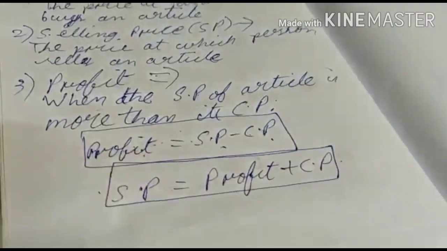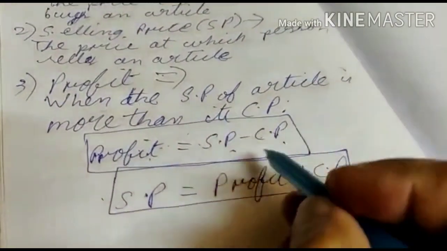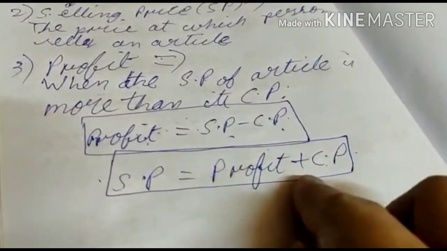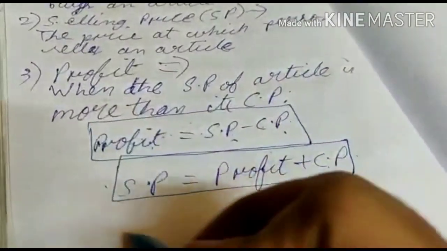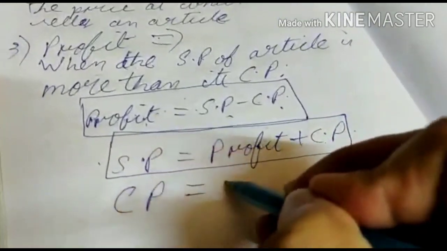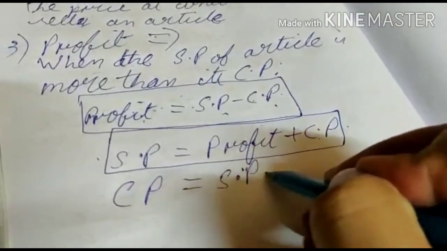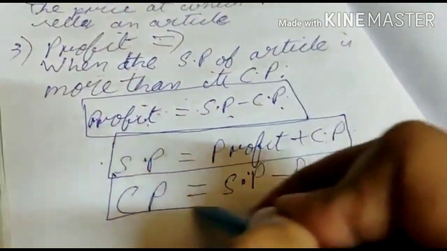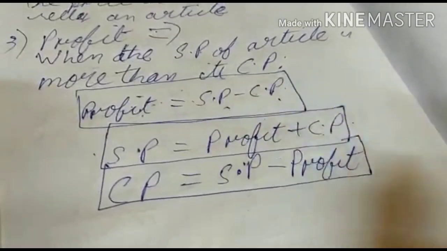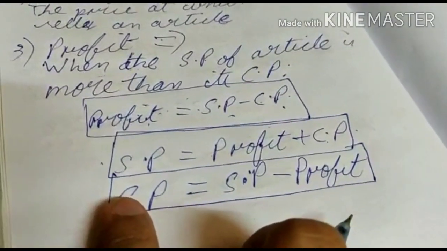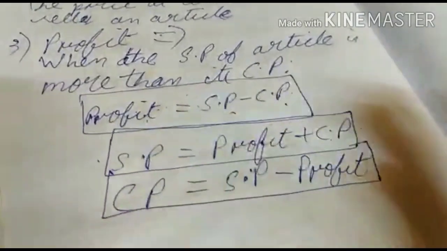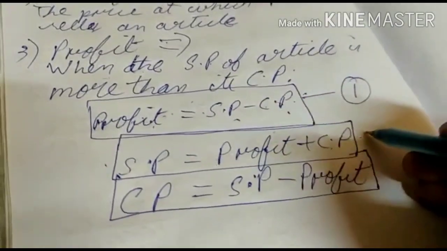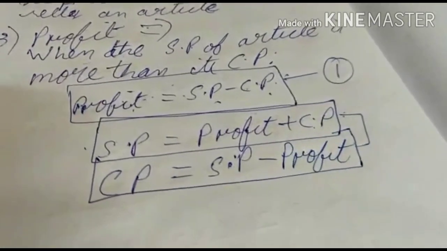Or we keep CP here itself and profit goes to the other side in subtraction with SP, so CP equals SP minus profit. We have just taken one side of SP or CP to the other side. So this was our main formula, and from this we brought out these 2 more equations.